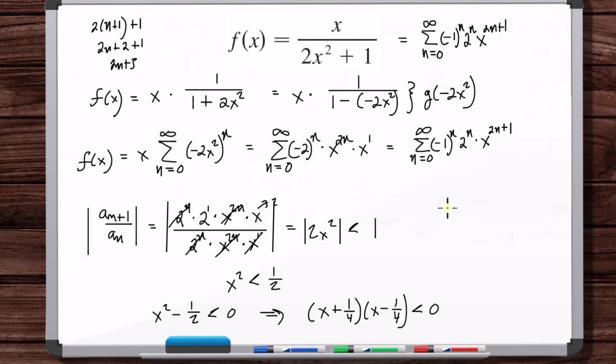Okay, so now let's check the endpoints. So f of 1/4, let's come here.